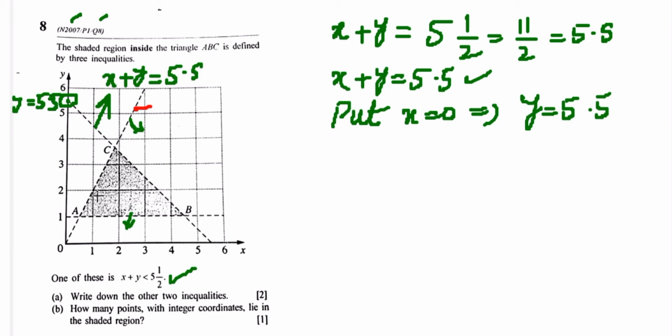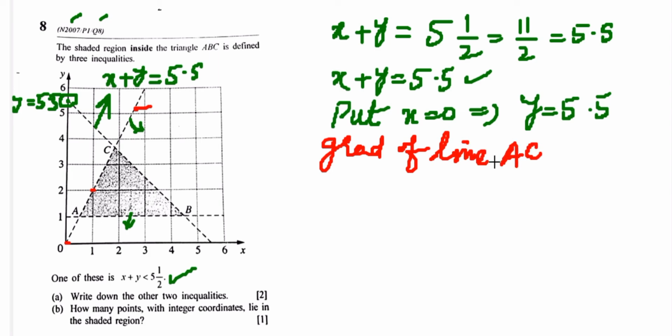One is this, here x is equal to 2 and y is equal to 1, and the second one is the origin. So I will use these 2 points, and firstly I find the gradient of this line AC. Actually this dotted line is AC.